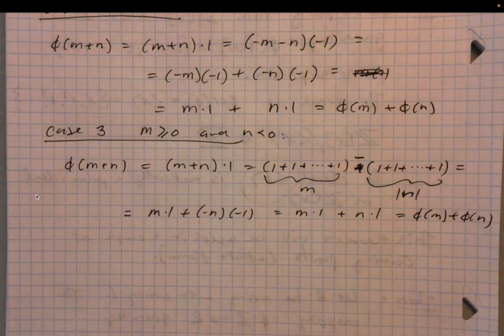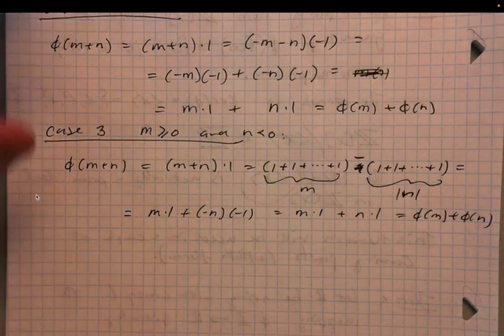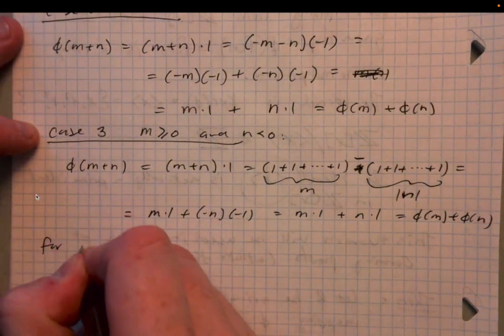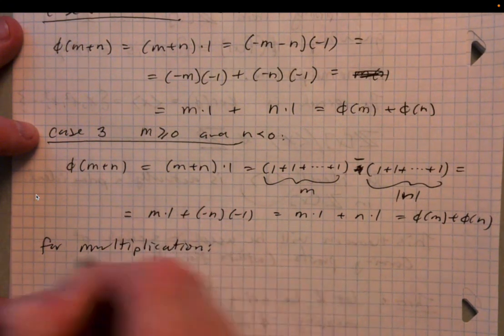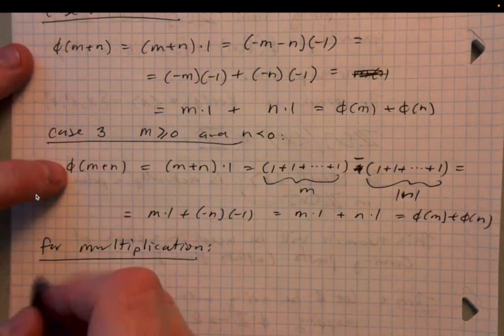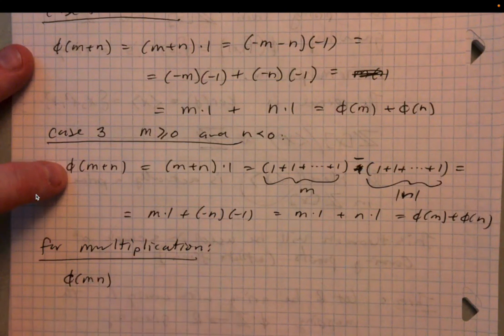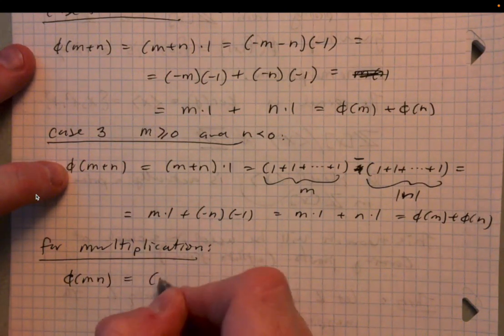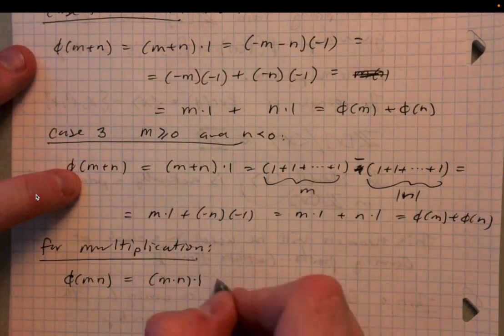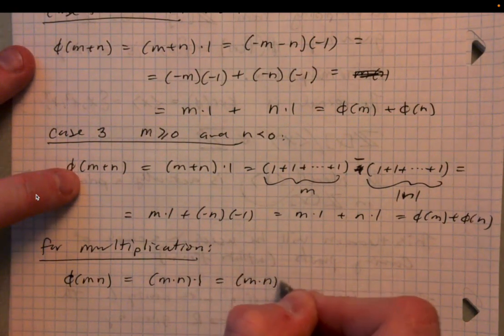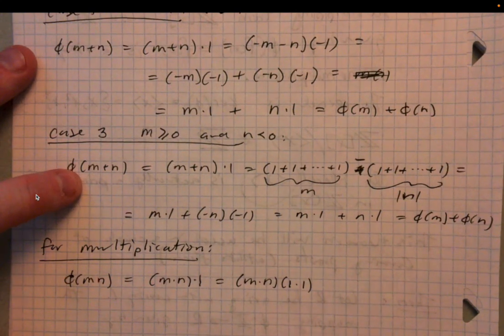Now for multiplication, that can all be done in a single case. So for multiplication, we'd say that phi of mn equals m times n times 1. And this is just m times n times 1 times 1.